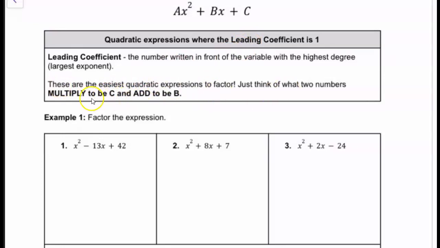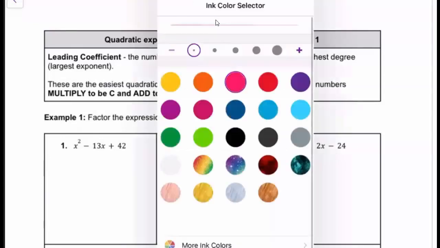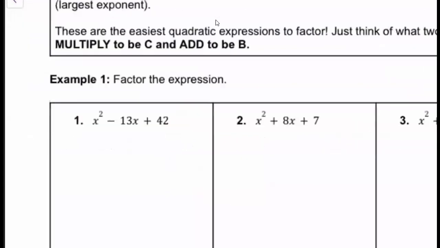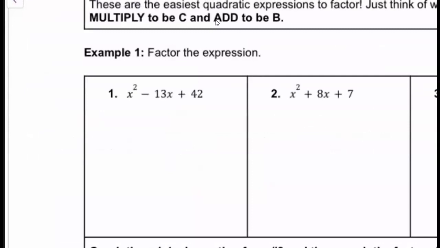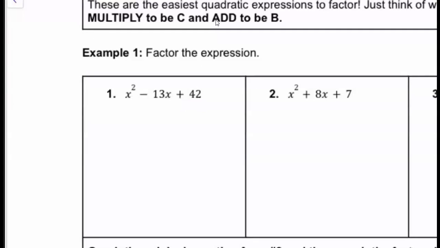Just think of what two numbers multiply to c, which is the last number, and add to be b, your middle number. So in this case, what we're saying is that we want two numbers that multiply to be 42, but add to be negative 13.